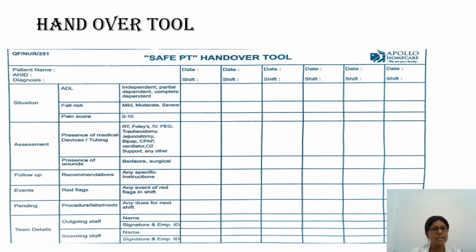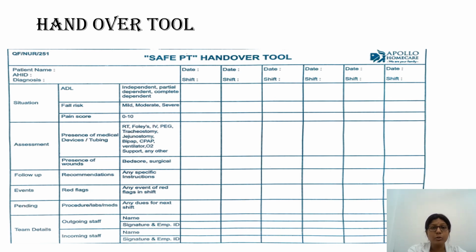Whether this patient is independent, partially dependent, or completely dependent can be assessed by the nurses at every handover time. Fall risk assessment also has to be done by the nurses at least once every day, whether it is mild, moderate or severe. And pain score, there is a numerical pain score we follow, 0 to 10. The pain level also has to be assessed by the nurses.